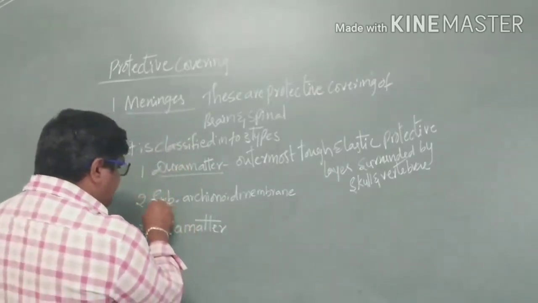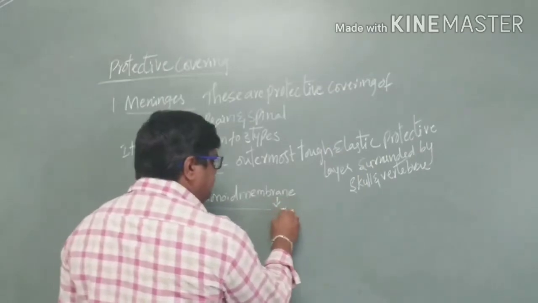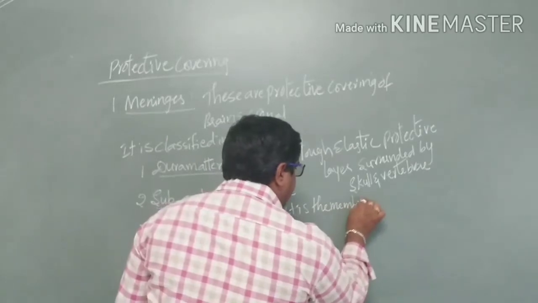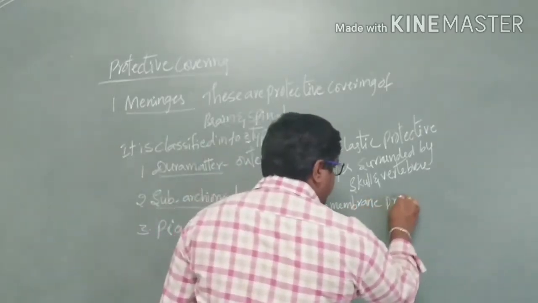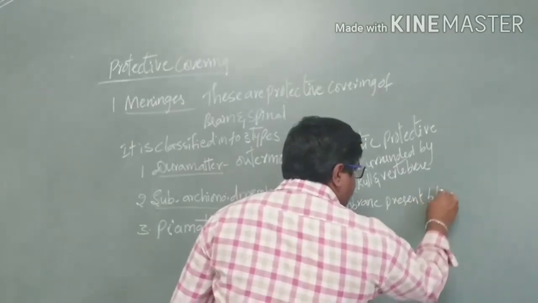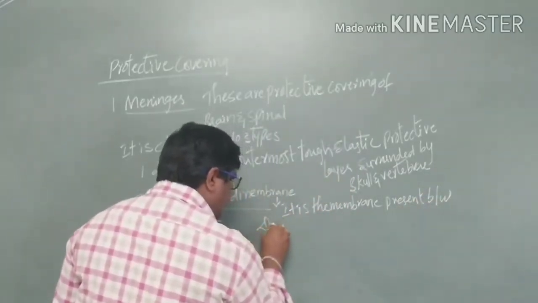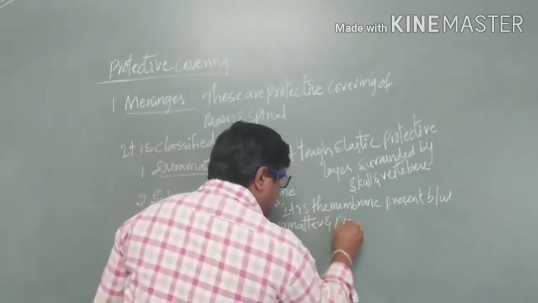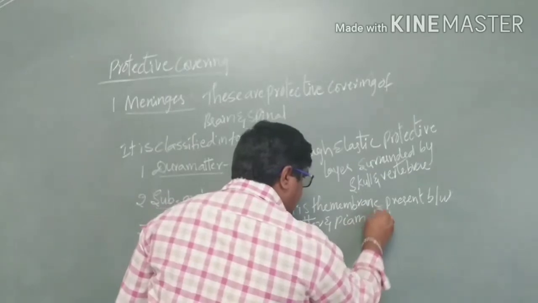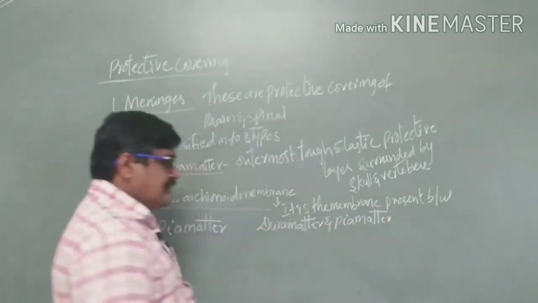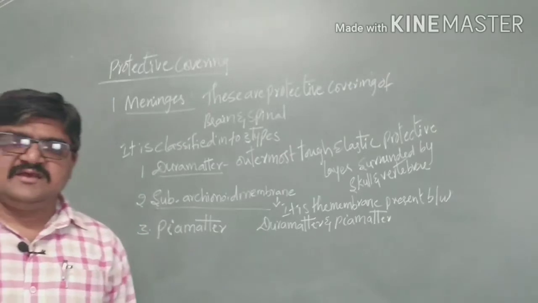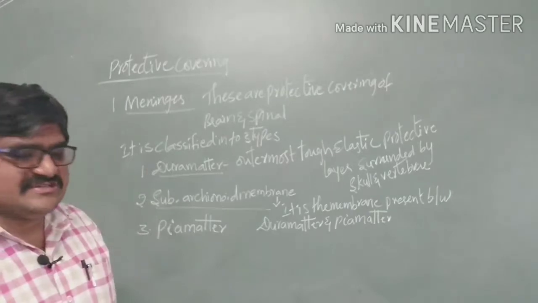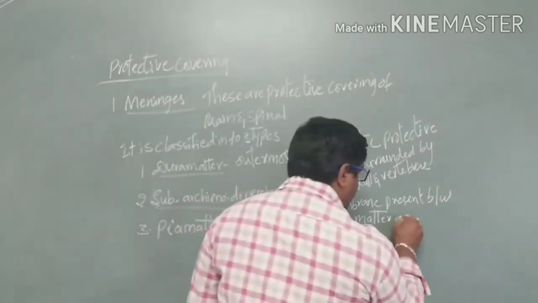Next, the second one, the subarachnoid membrane. It is the membrane present between the dura mater and the pia mater, where it consists of a network of cushion-like structures.